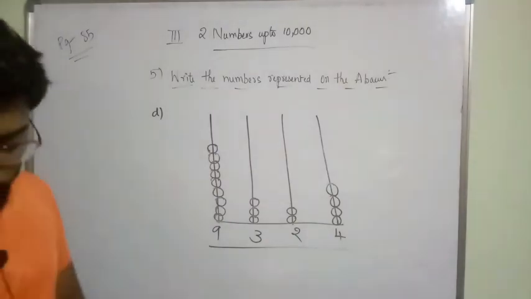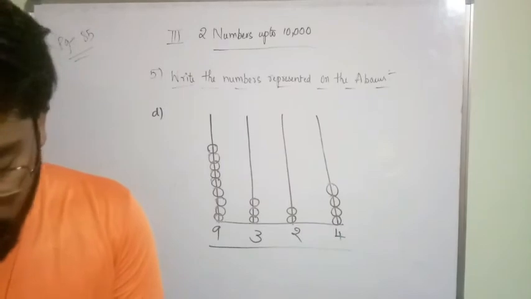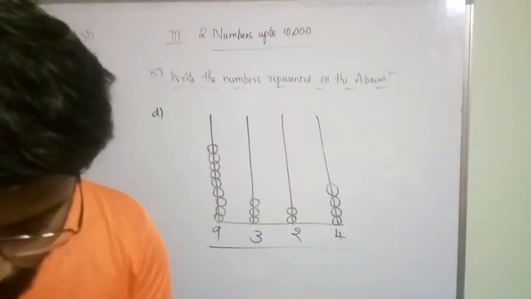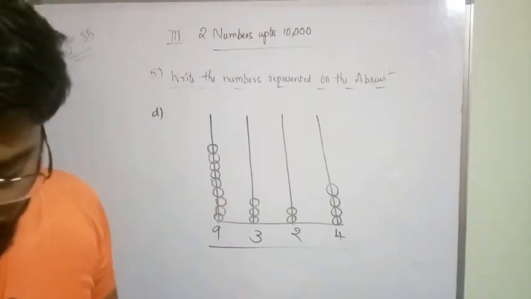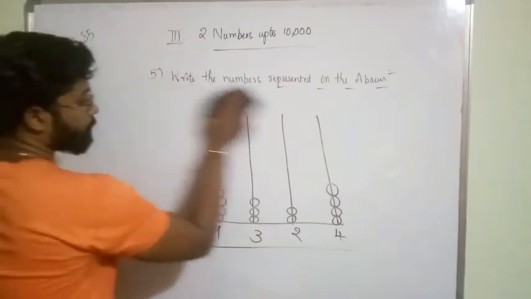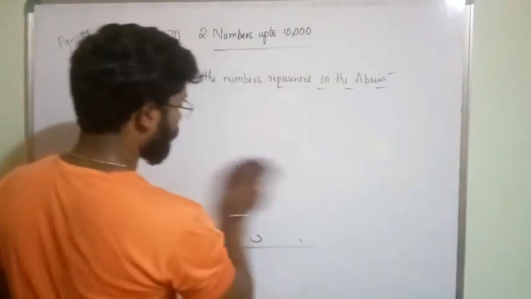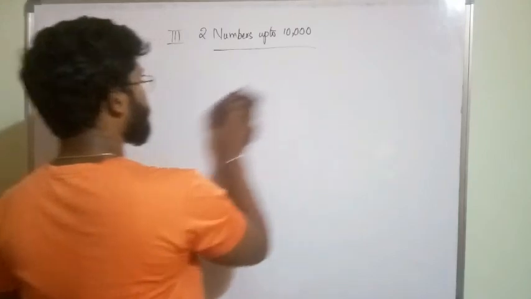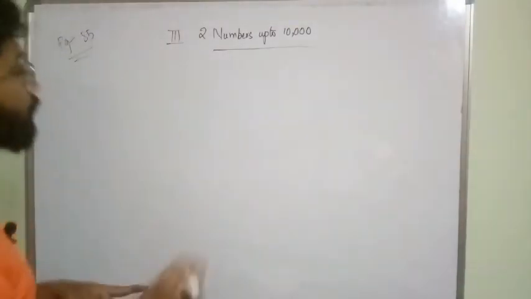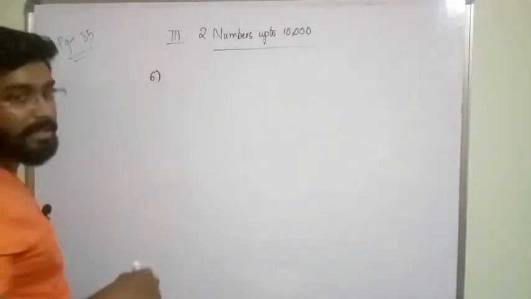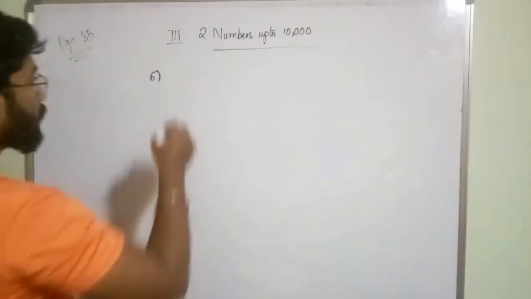Okay. So what is that next bit? So we have completed this bit now. So what is the next bit? 6th bit. So in 6th bit it is very easy for you. Show the following numbers on the abacus.